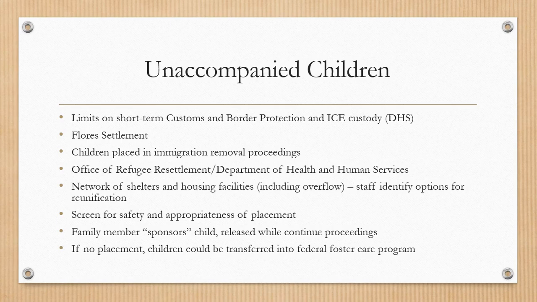And then they begin to screen for the safety and appropriateness of placement with those family members. So family members will then be contacted to sponsor a child, even if it is their blood relative or their own child, if it's a parent. They submit a whole slew of paperwork, identifying documents, financial information, proof of criminal background check, all of these different kinds of things, in order to sponsor a child for them to be released to their custody in the community while they continue their immigration court proceedings.